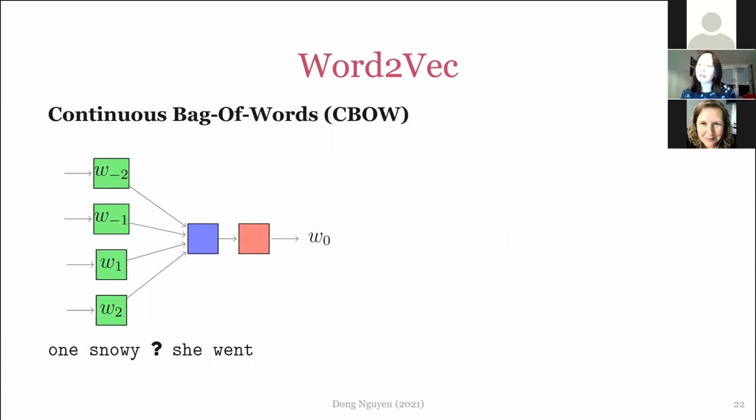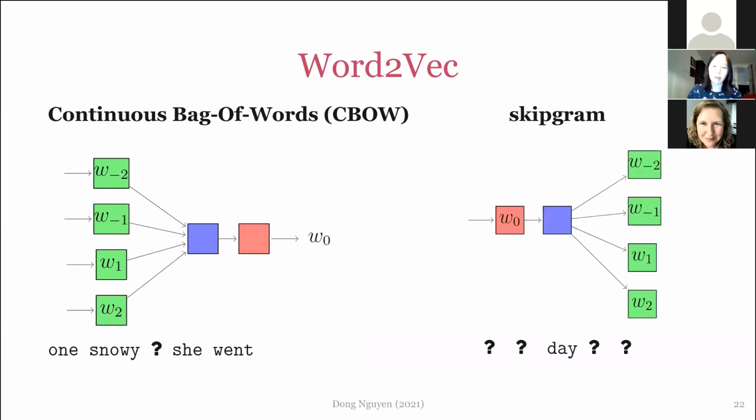With the continuous bag of words setup, you give the context words, the neighboring words, and then you ask the model to predict the target word, the word in the middle. Skipgram is kind of the opposite, where you start with the target word, in this case "they," and you ask the model to predict the context words.